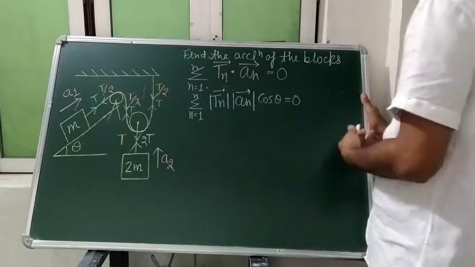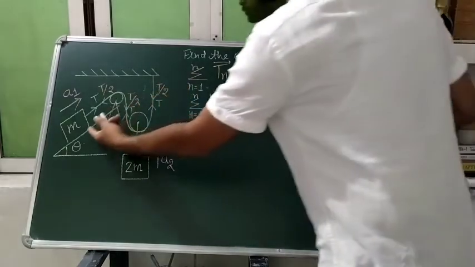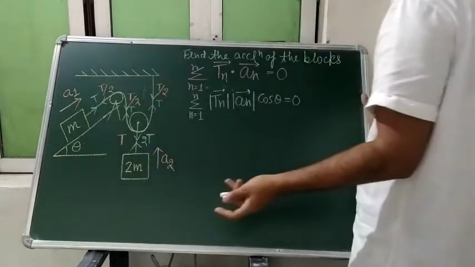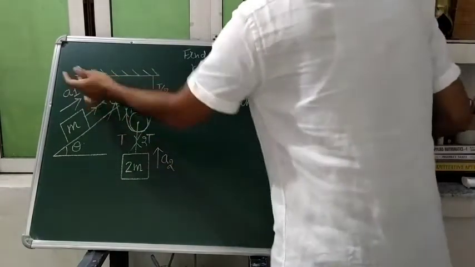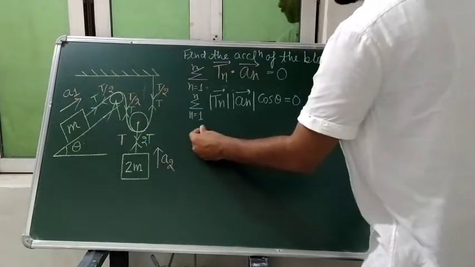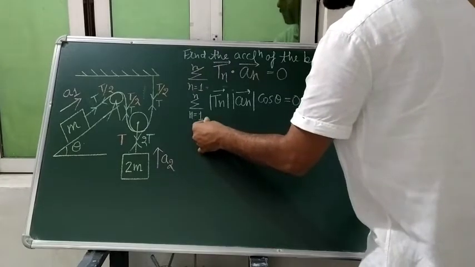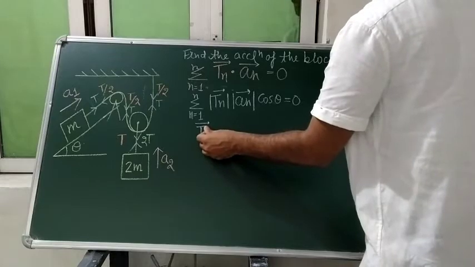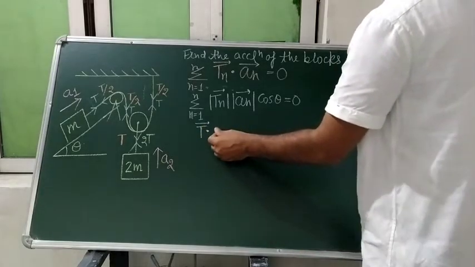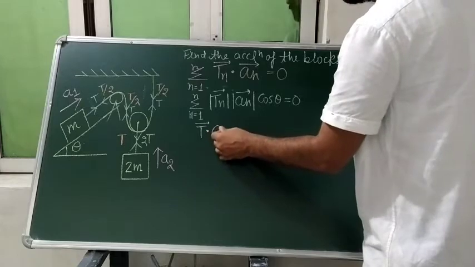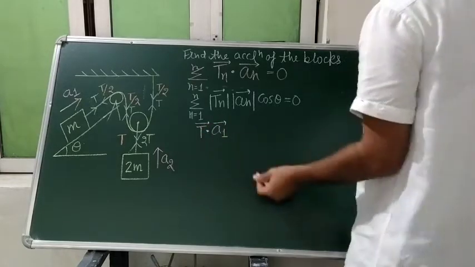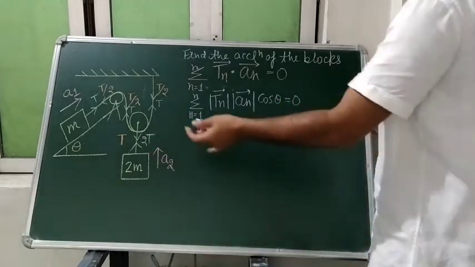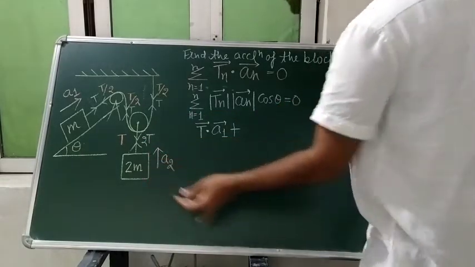So here we will apply it for this block which has the mass m. The tension for this block is what, students? T. Acceleration is a1. So the dot product of this tension T dot A1 vector, plus the tension for the block of mass 2m.